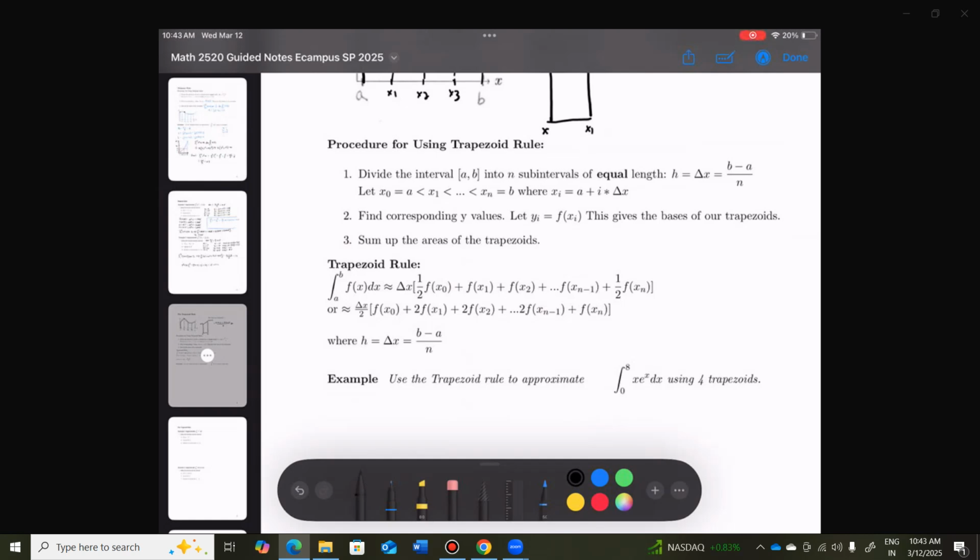Or you pull the 1/2 out, so you divide your delta x by 2, and then you have 2's on all the middle ones, which I think is the easier one to follow, because you just gotta remember to multiply everything in between by 2.